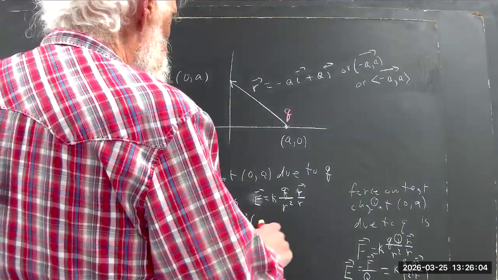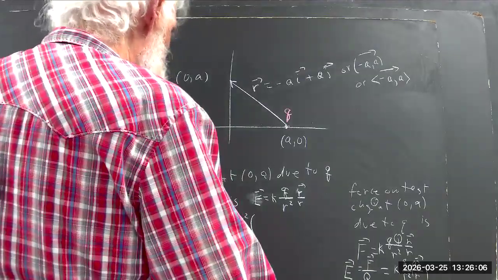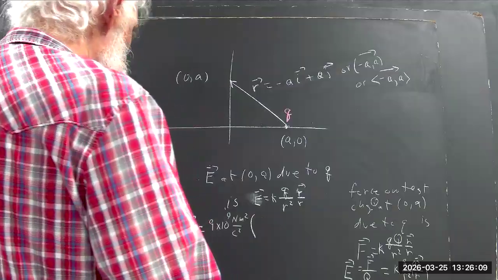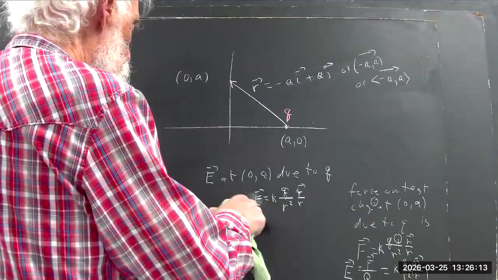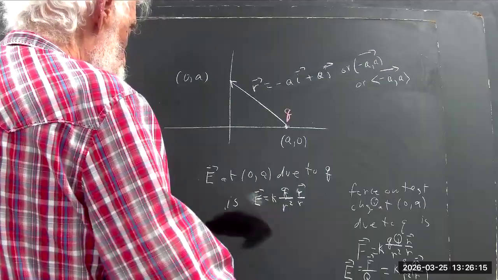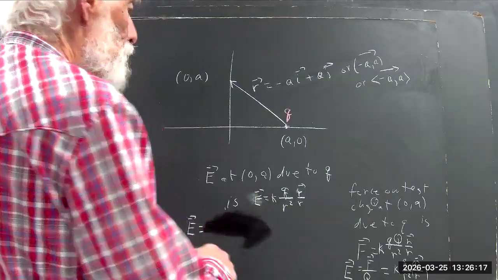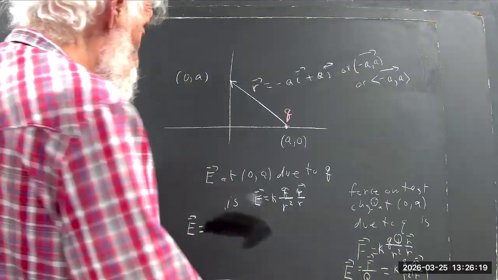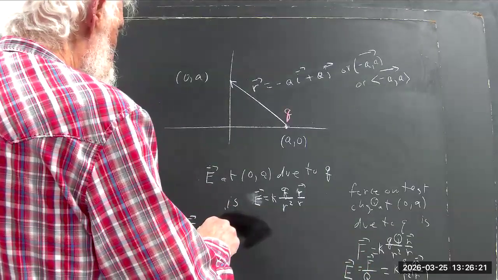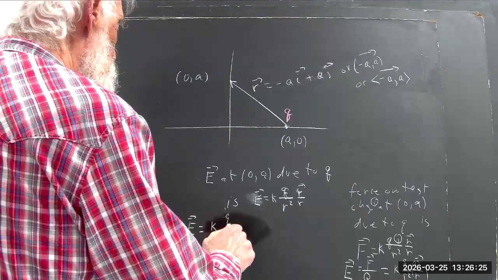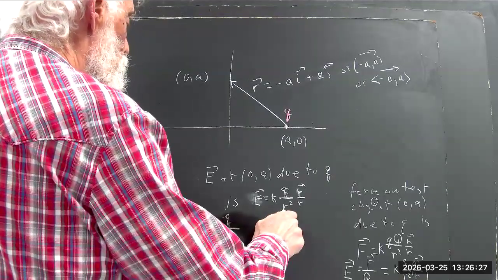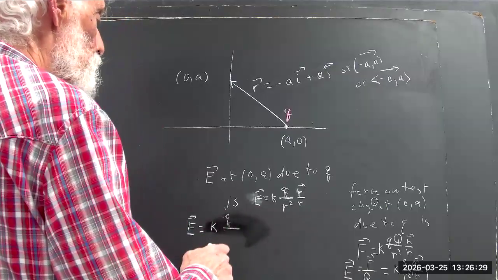In any case, I started to put the numbers in with units, but I am not having you do these with units. I was having you do the Biot-Savart law with units, so I forgot where I was. It's K times Q over R squared. What's R squared?